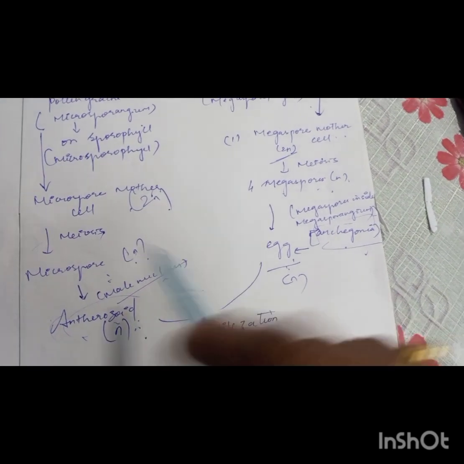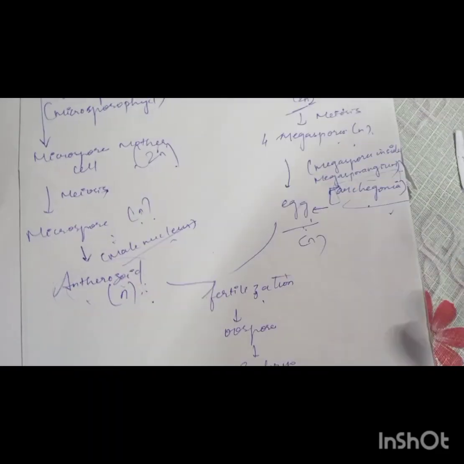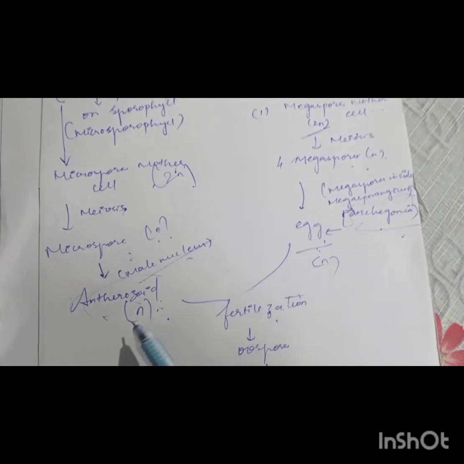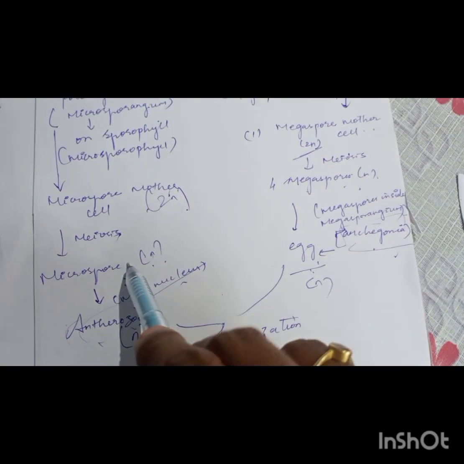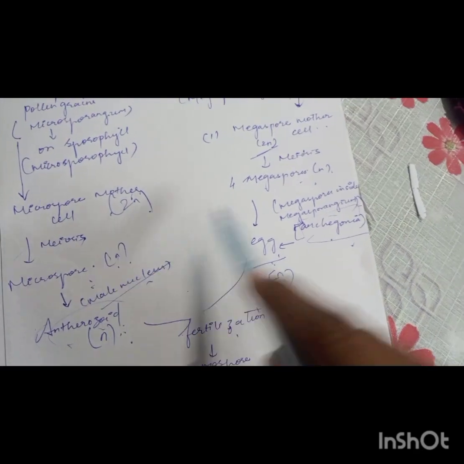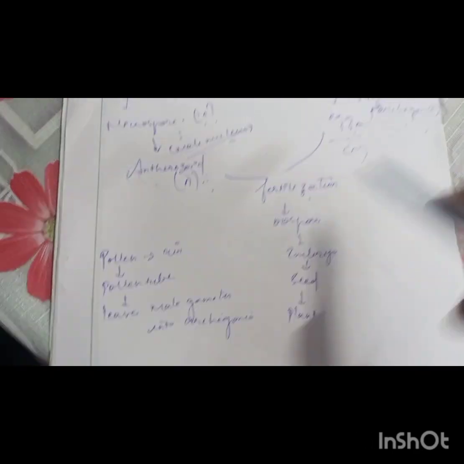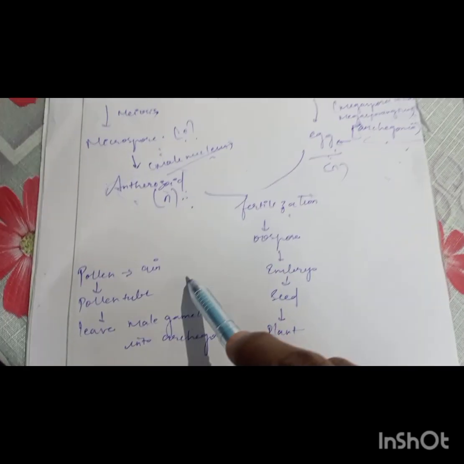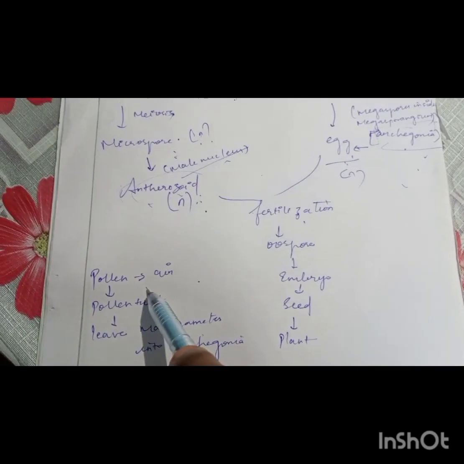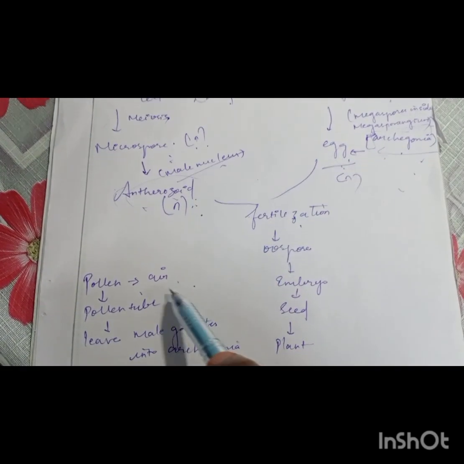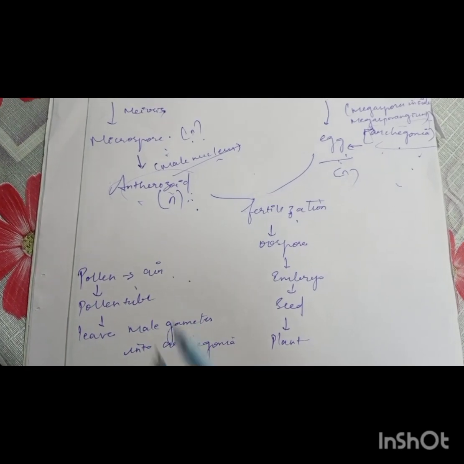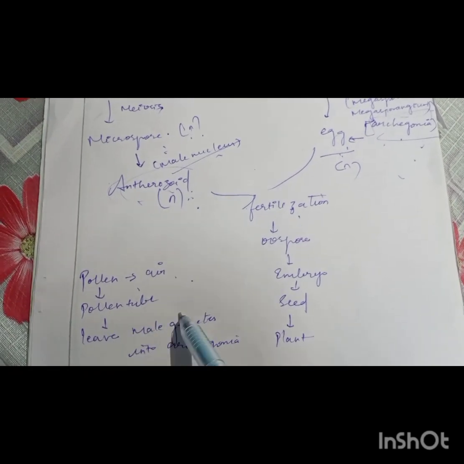So during fertilization they do not go anywhere outside. So this pollen will be transferred to this archegonia through air, and once it reaches the archegonium, it will extend a tube-like structure from its body, that is known as pollen tube.